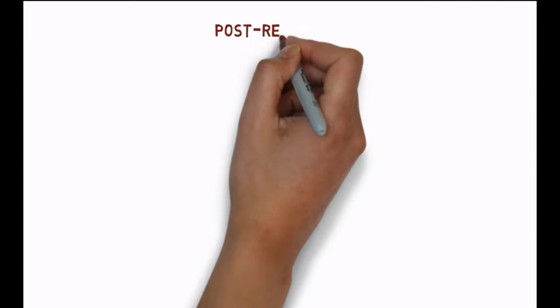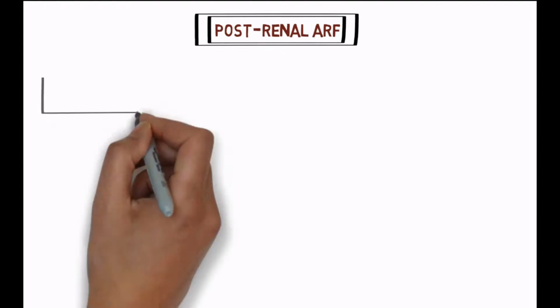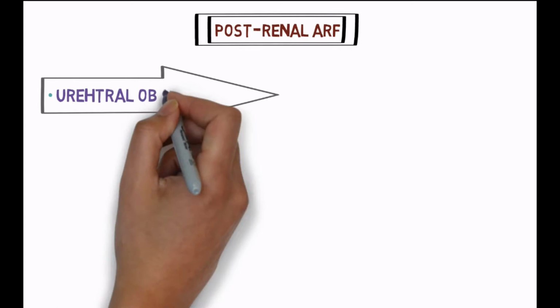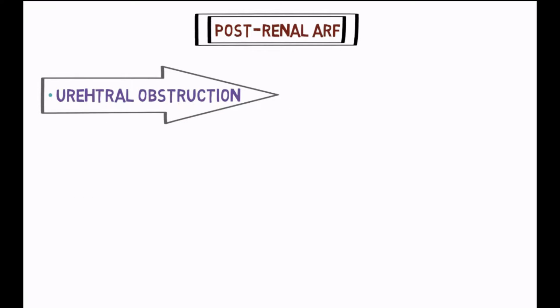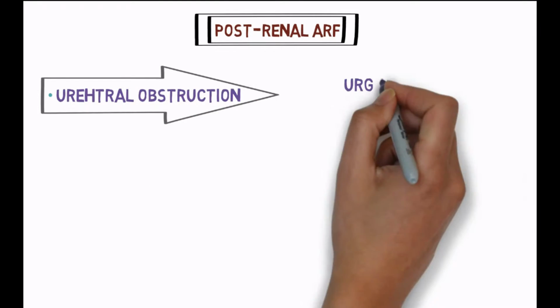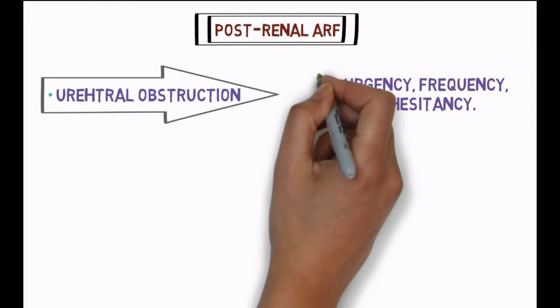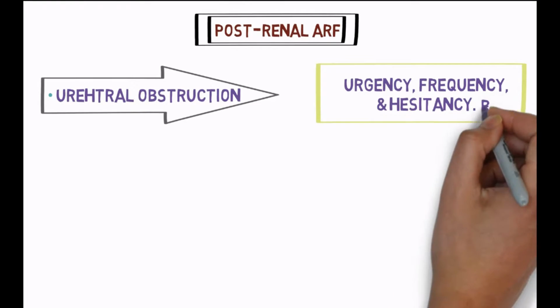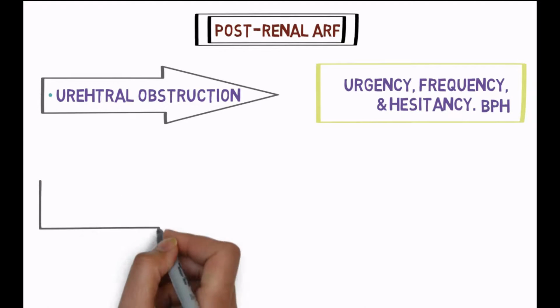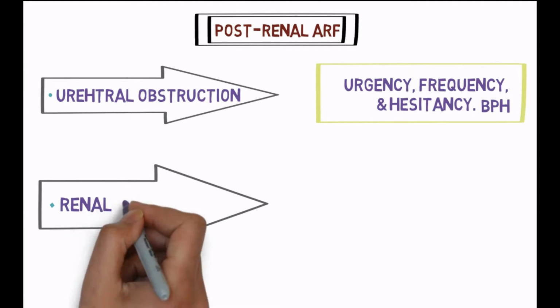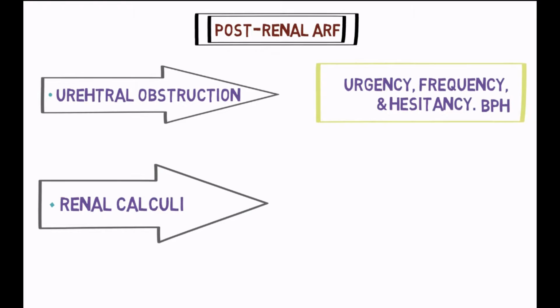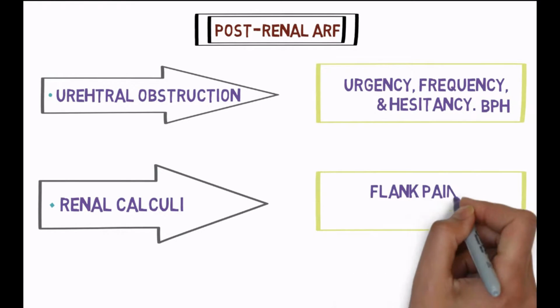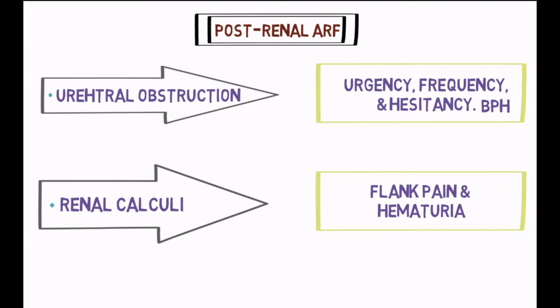Post-renal ARF is mainly caused by obstruction to the urine flow, which can be due to urethral obstruction by an enlarged prostate in a case of benign prostatic hyperplasia, and these patients have features like urgency, frequency, and hesitancy, which are features of benign prostatic hyperplasia. Renal calculi can also obstruct the urethra or bladder and cause post-renal ARF. These patients present with flank pain and hematuria.